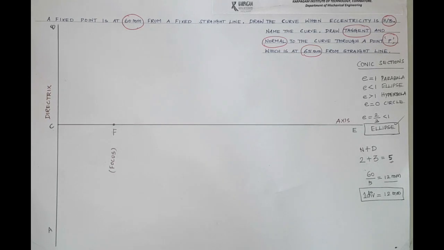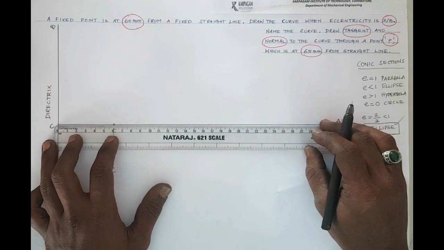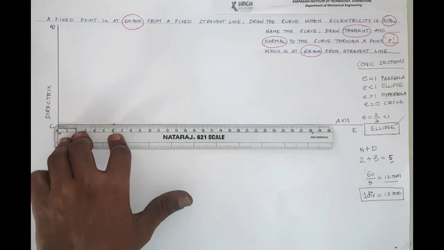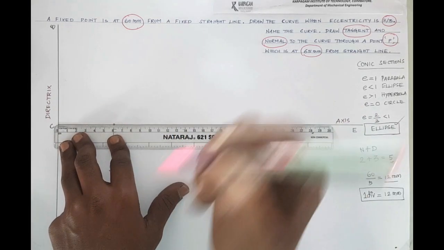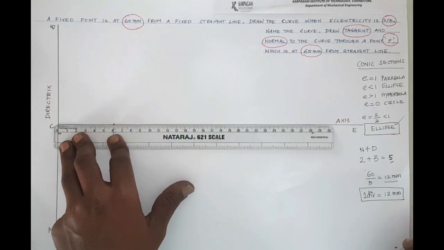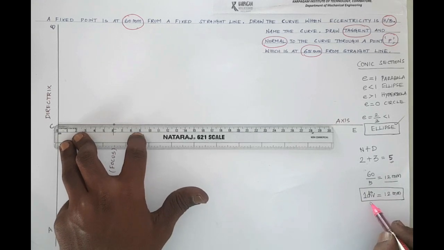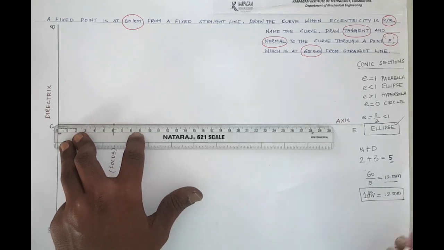So take your scale and place the scale like this, and then start to mark the divisions. That means 5 equal divisions. For marking those divisions, we need one division length, one division value, which is 12 mm.